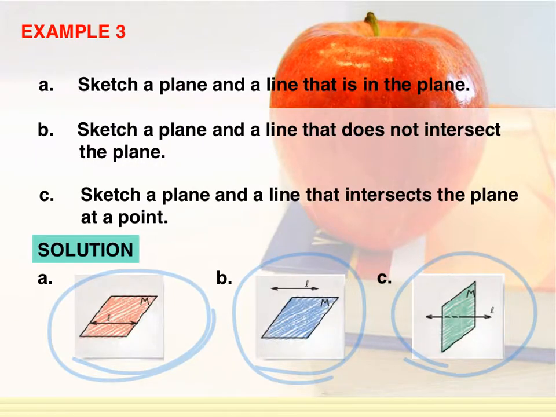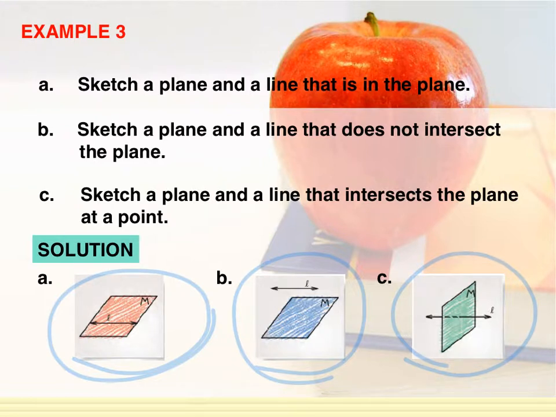All right, now I'm going to ask you, either in homework, on tests, or quizzes, to draw figures. Now, I know everybody's not artistic, and sometimes drawing three-dimensional figures is challenging. However, I expect you to give it your best shot.